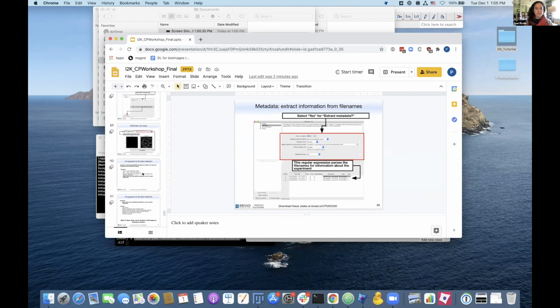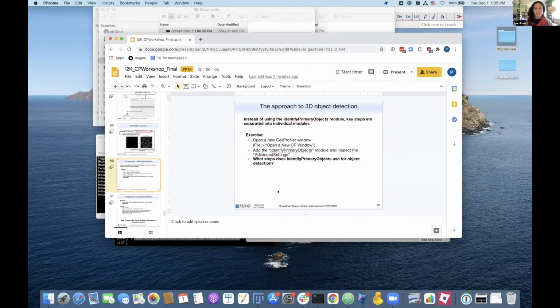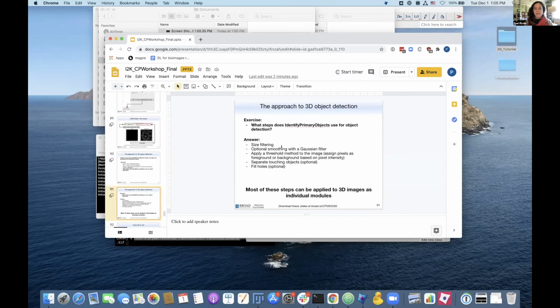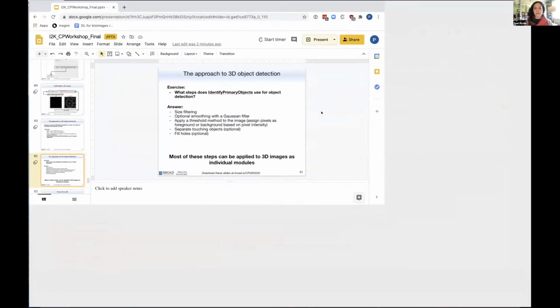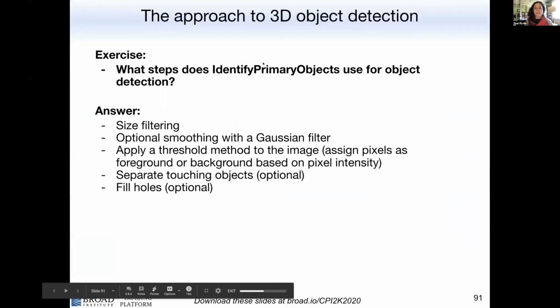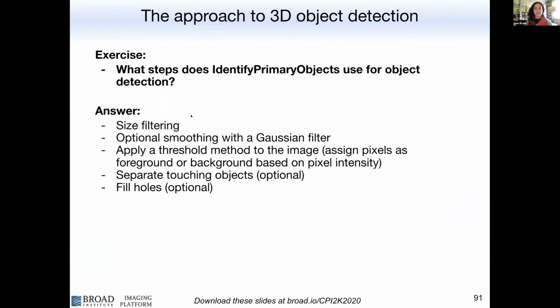What I want to jump to is this theoretical consideration. How do we actually approach two-dimensional object detection? And what we want to think about is, what steps does Identify Primary Objects use for object detection? And here I've already answered this question because you just did this.